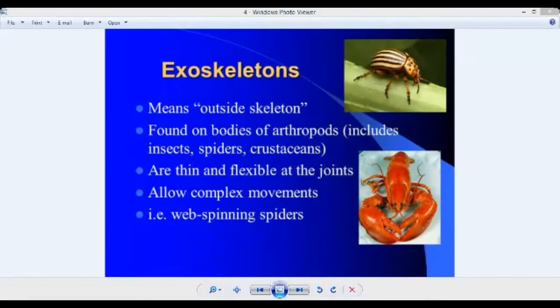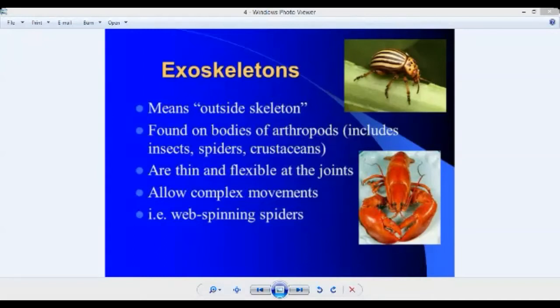All these come under the group arthropods. In animals, there are different groups according to their body features. Among such groups, one is arthropods, and that is where the exoskeletal animals come.